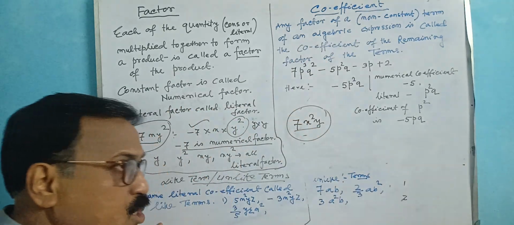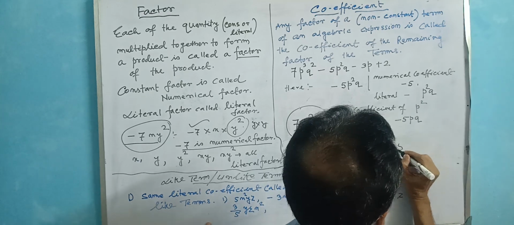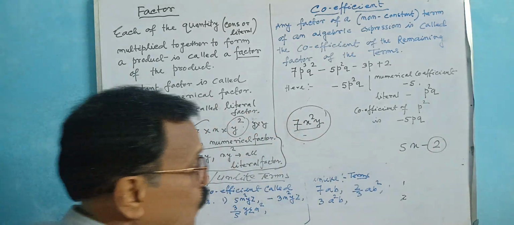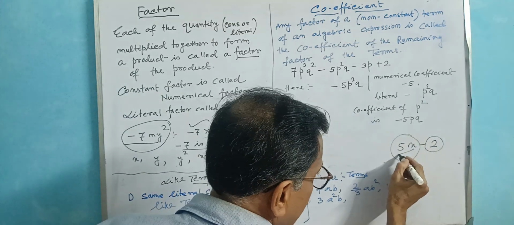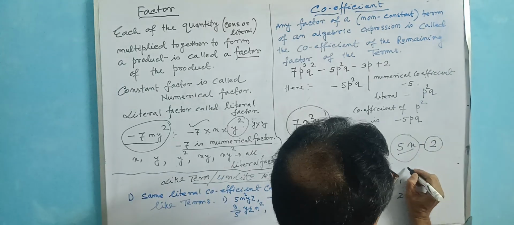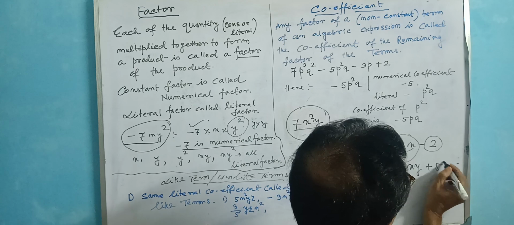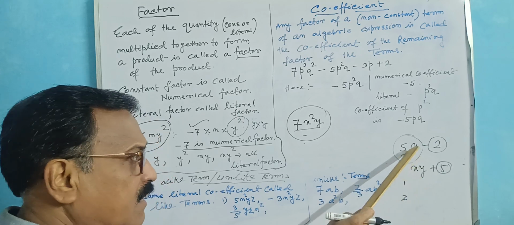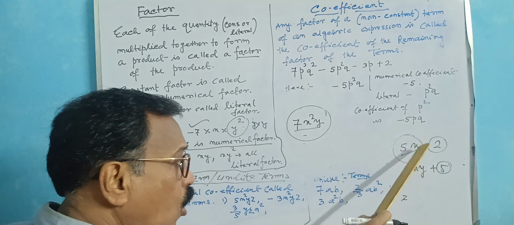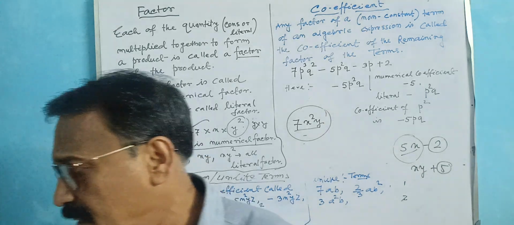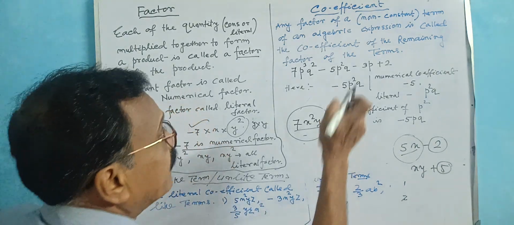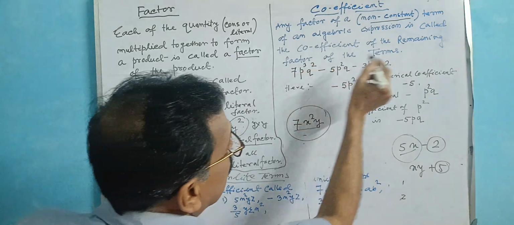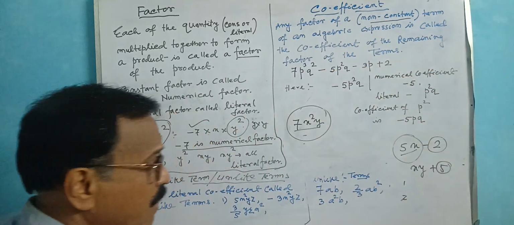Suppose 5x minus 2: here 2 is the constant term. A non-constant term is a combination of literal and numerical parts, like xy plus 5, where 5 is the constant term. Which one is the non-constant term is very important.